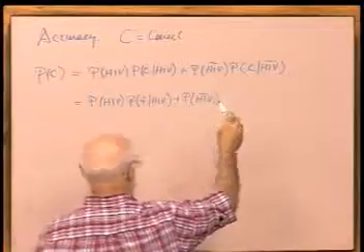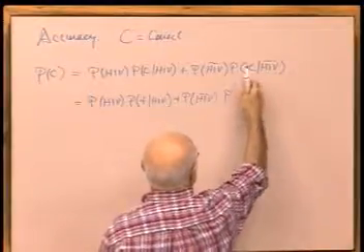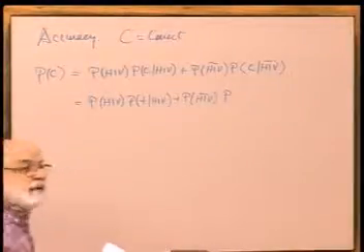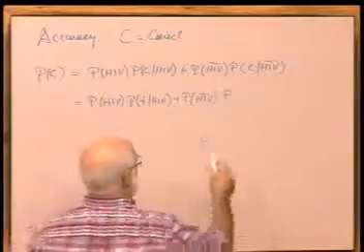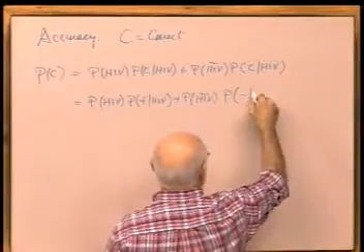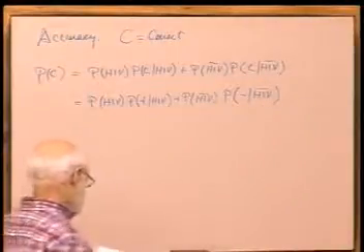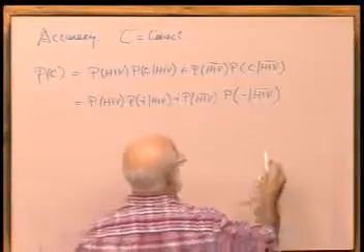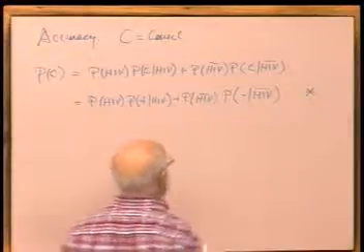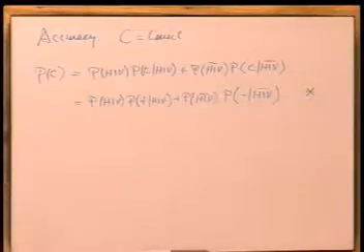And I want to multiply this by the probability the test is correct if you do not have HIV, which means that the test would give you a negative result if you do not have HIV. Okay, so now all I've got to do is plug in. Let me put an asterisk here. I want to use that equation later in a moment. So now all I've got to do is plug in the numbers here.